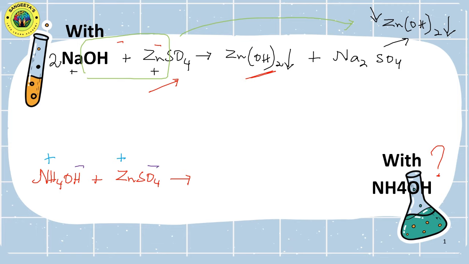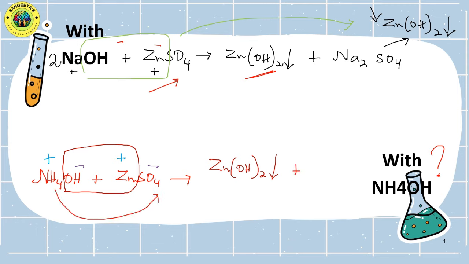Zinc and this plus and this minus are the combining factors. So you will get Zn(OH)2 as a precipitate, and you will get NH4 and SO4 combined, so it will be (NH4)2SO4. Now it's time to balance. (NH4)2 is there, so we have to give 2 NH4OH out here, and this is balanced.